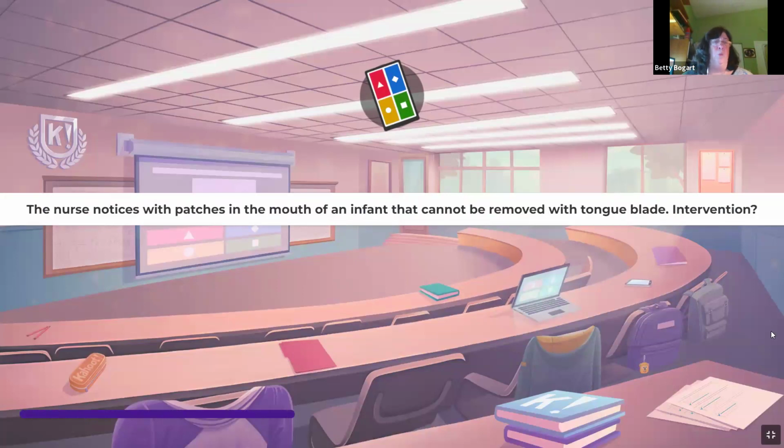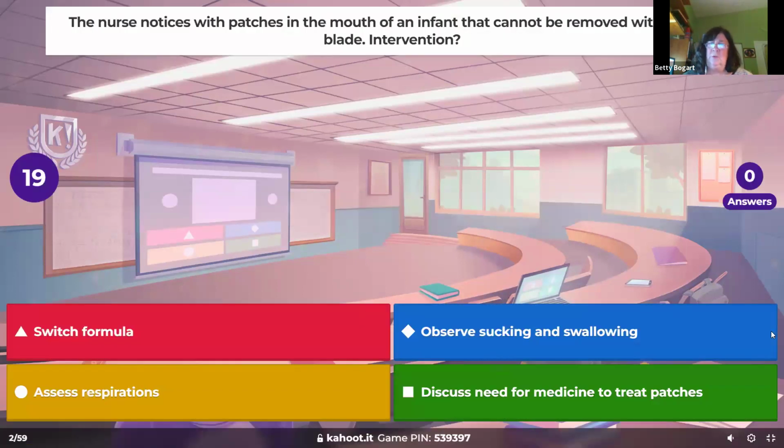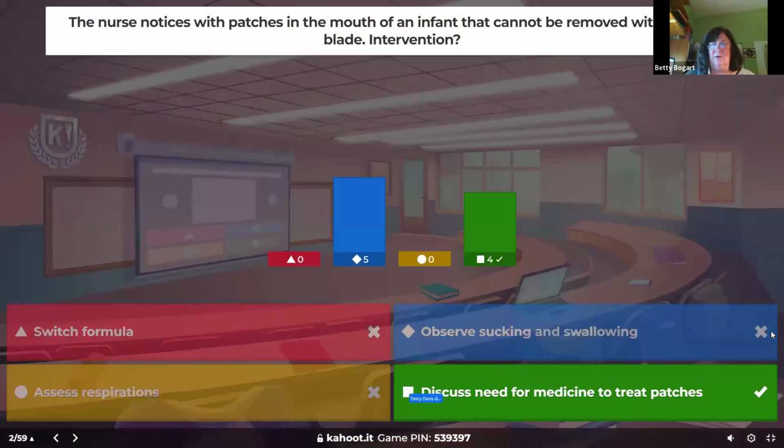The nurse notices white patches in the mouth of an infant that cannot be removed with a tongue blade. What does she do with that? What could that be? Remember, I can't put everything into one PowerPoint. There are going to be little pieces here and there, and I try to throw them into the cahoots.